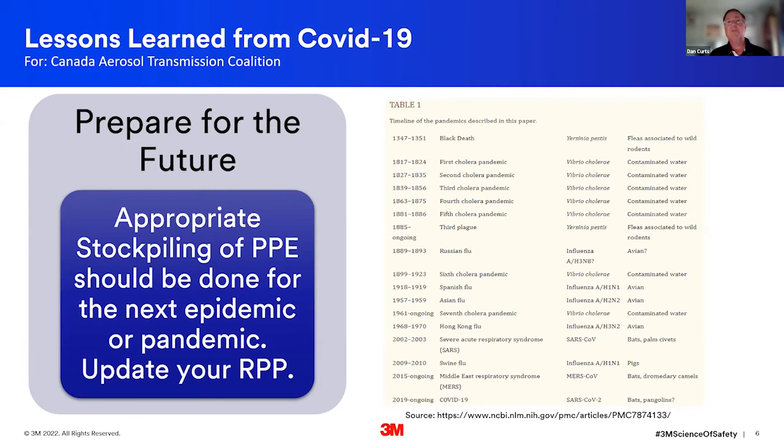Now, there's always a cost with this. And so one of the things I would say is that with the costs, if you can take the respirators that you put in stock and rotate your stock. And this is, again, very simple stuff. This is what stores do all the time. They take their older stock, they move it to the front of the shelf, they take the new stuff, they put it to the back of the shelf.